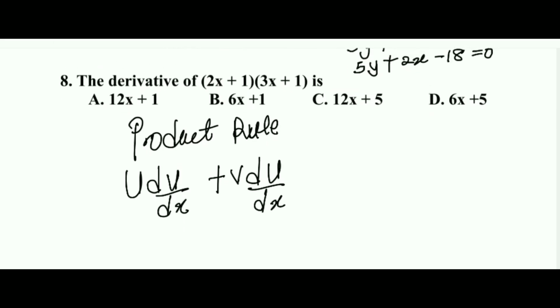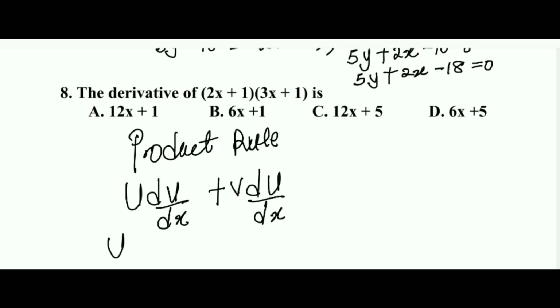What this means is, the very first factor, let u be equal to 2x + 1 and let v be equal to 3x + 1. I've told you that you could expand this and differentiate, and that's going to be very fast. But because you could have other problems where you need to use the product rule, that's why I'm taking it this way.